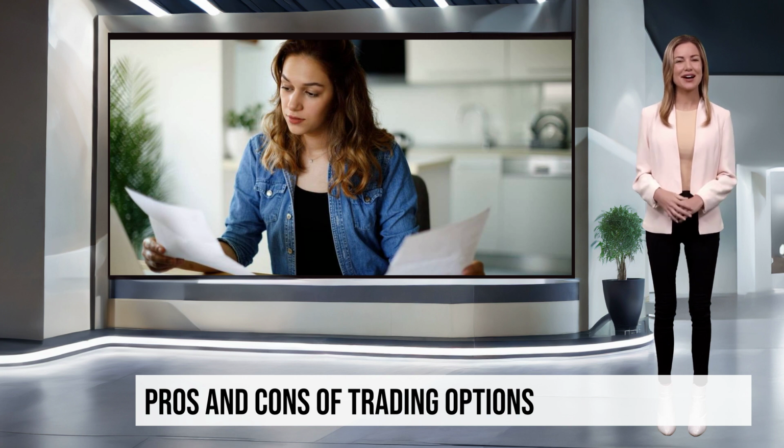Advantages: cheaper than stocks. Investors can get started with options using less capital than may be required for stock trading. That's because the premium for purchasing a contract can be lower than purchasing shares of a stock upfront.